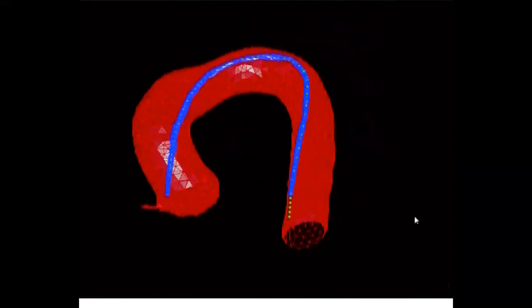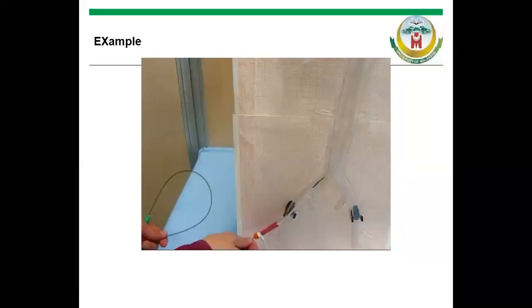Now the point is that in the actual angiography procedure, we are using the actual human body and the actual wires. In the next example, I replaced the human body with this model, and the wires are the original wires used in the procedure.